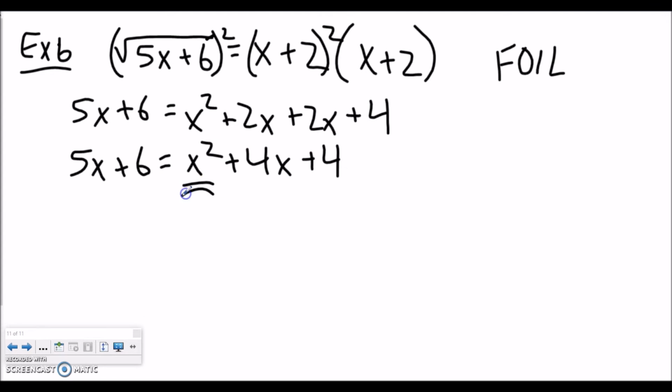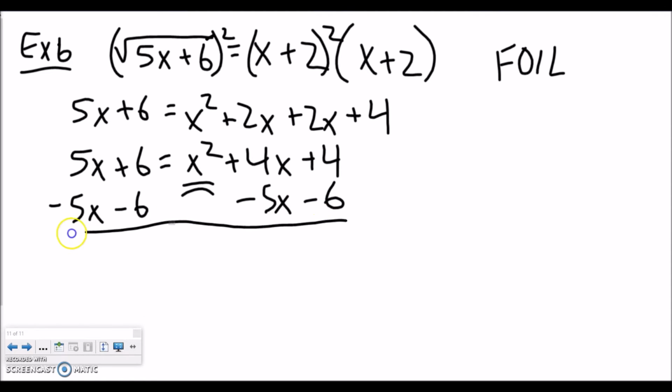How do we solve equations with an x squared? Absolutely, we should set this equal to 0. So I will minus the 5x and minus the 6, minus the 5x and minus the 6. And notice I line up my x's right there, and I line up my numbers right here.